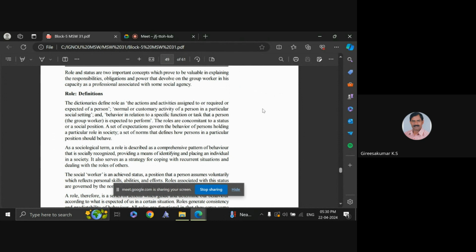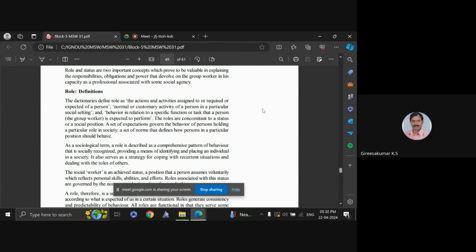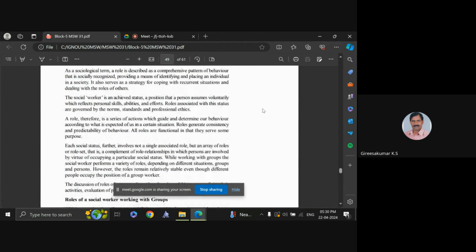There are so many definitions. He must have some social status, and that worker, as a result of social work. Therefore, a role is very important, which determines our behavior according to what is expected.